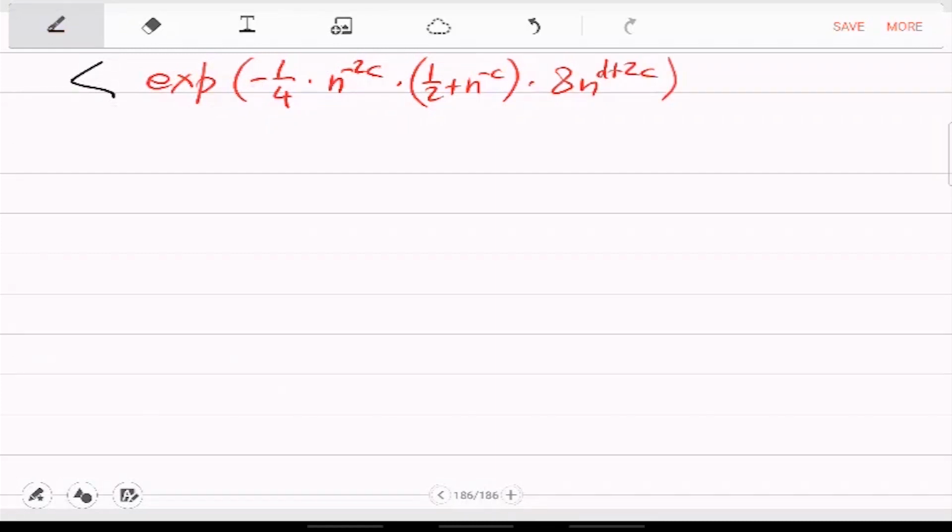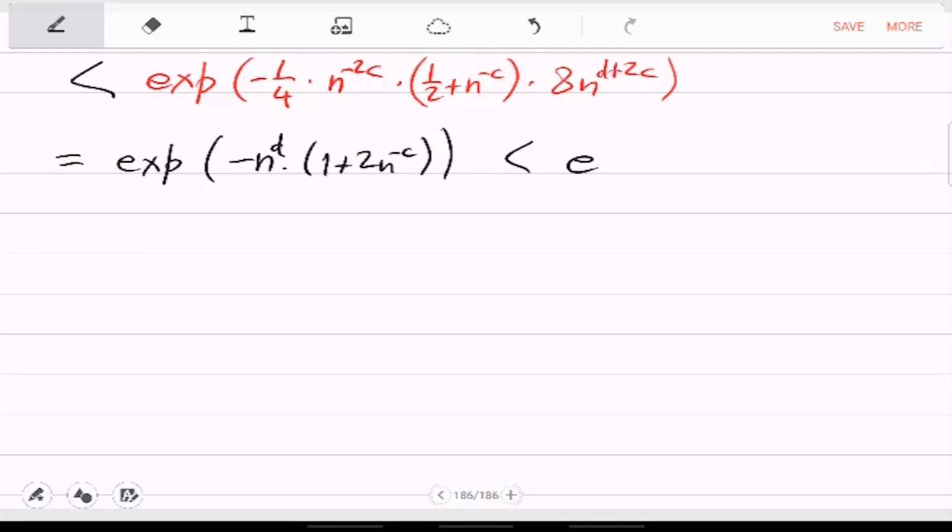So this we get from the Chernoff bound, and now let us simplify this to e raised to minus n to the d times (1 plus 2 n to the minus c), which is less than e raised to minus n to the d, which is less than 2 raised to minus n to the d.